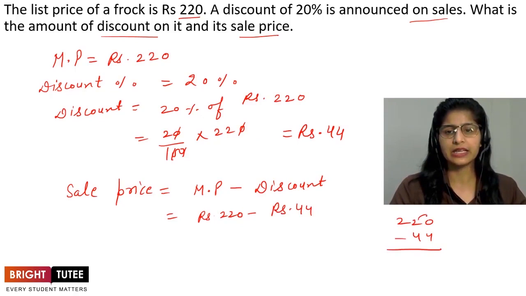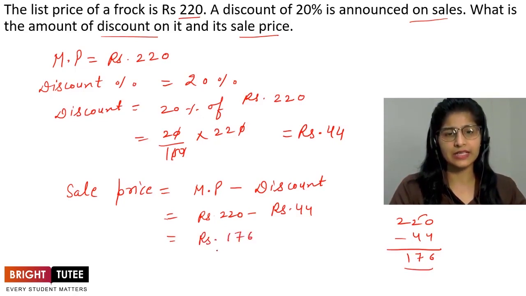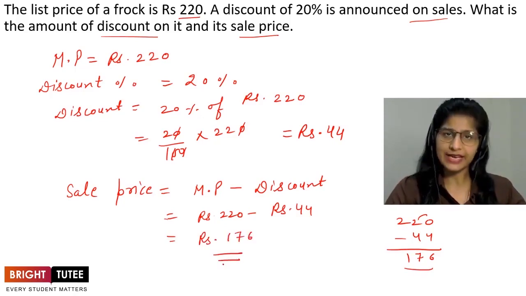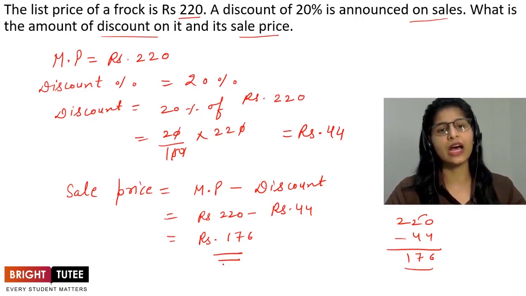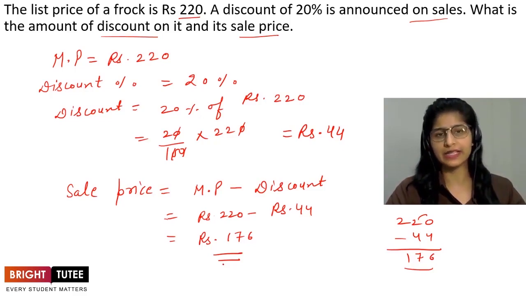So just see, 10 minus 4 is 6, here 1. So 11 minus 4 is 7, and here instead of 2 it will be 1. It is rupees 176. So we got the sale price as well as the discount. Discount is rupees 44, sale price is rupees 176.